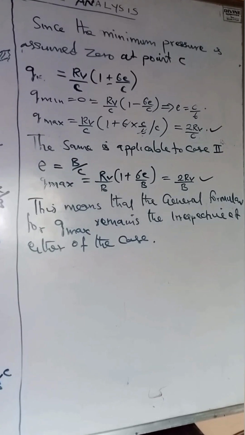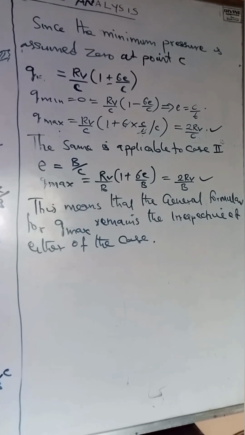If you observe, you will discover that the formula for eccentricity is the same as the one we have in case 2. In case 2 we have B over 6, but in this case now we're having it as C, so we know what our C stands for already, so we can obtain C. Now if we go with that, substituting the value of eccentricity into the maximum pressure, we'll have that maximum pressure to be 2 RV over C. It's also applicable to case 2.